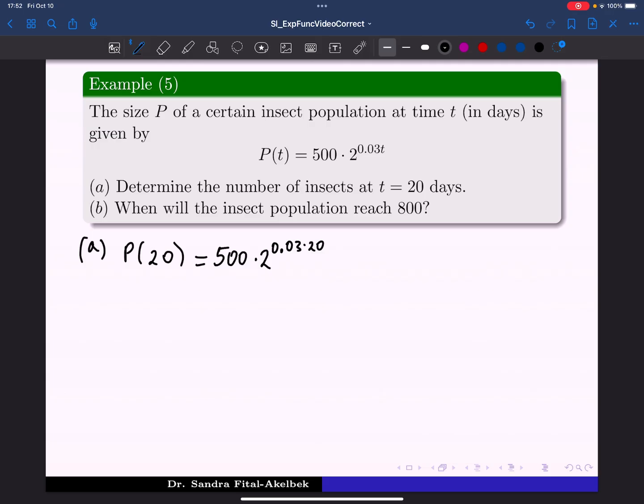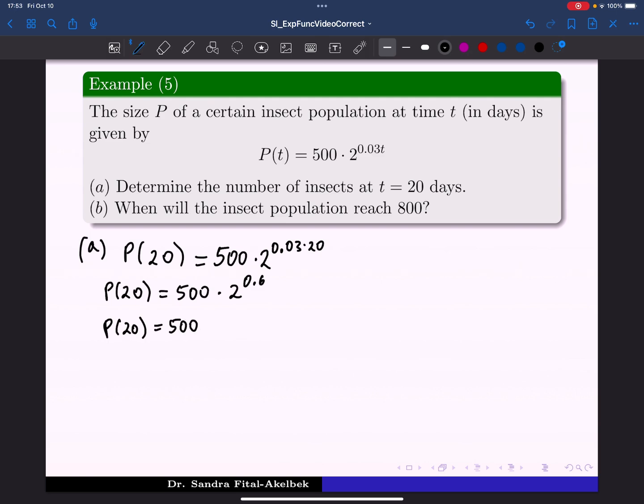So P at 20 is equal to 500 times 2 to the power, and if I multiply 0.03 times 20, I'm getting 0.6. Then we can enter this into the calculator.